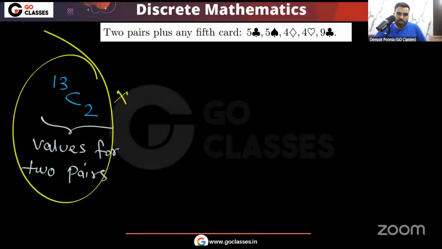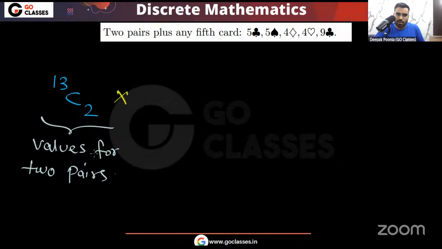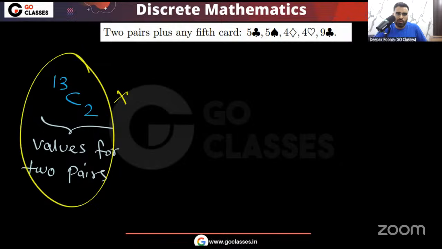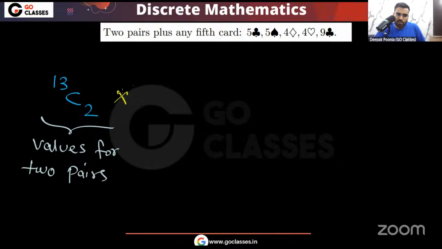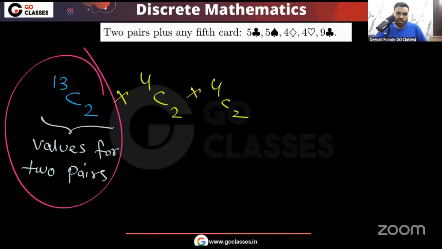Now for each of these values, two cards I will take. For each value, basically a pair I will take. You can see two values I have chosen. For each value, a total of four cards are there in four different suits, but I just want two of them. So multiplied by 4C2 again, because we have two values, and for each value four cards are available, but I just want two cards.